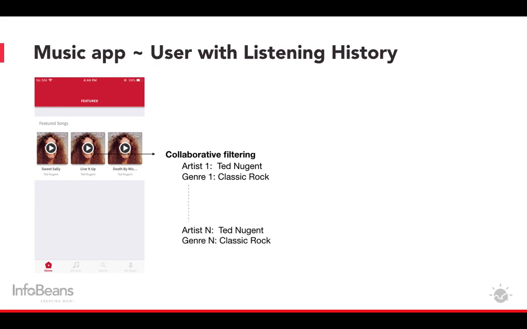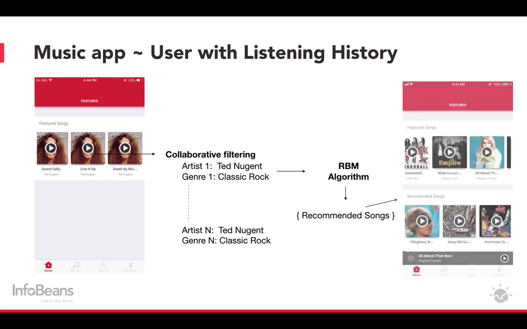It not only picks the artist and genre of the song that I have currently selected, but also picks the artist and genre from the listening history and applies the collaborative filtering algorithm, which is the RBM algorithm, the restricted Boltzmann machine algorithm, to provide the recommended songs. Once we get the recommendation, we display these in the recommendation section.